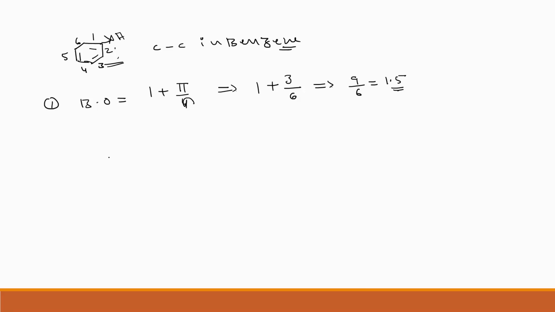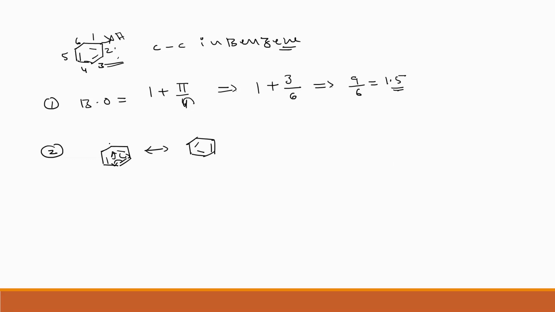So the bond order is 1.5. Let's apply the same thing with the second method. According to the second method, the bond order is the number of bonds between two atoms by the total number of resonating structures. See, this is one resonating structure of benzene. If the electrons migrate like this, we will get one more resonating structure. This is one more resonating structure of benzene.